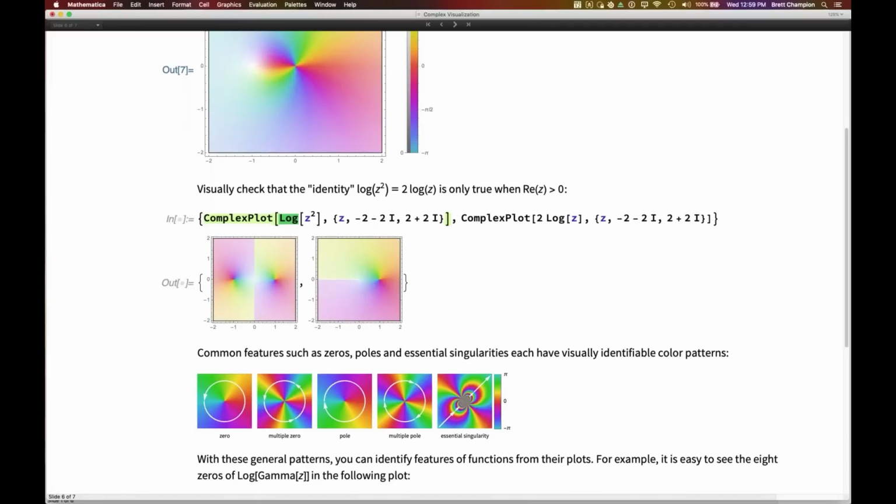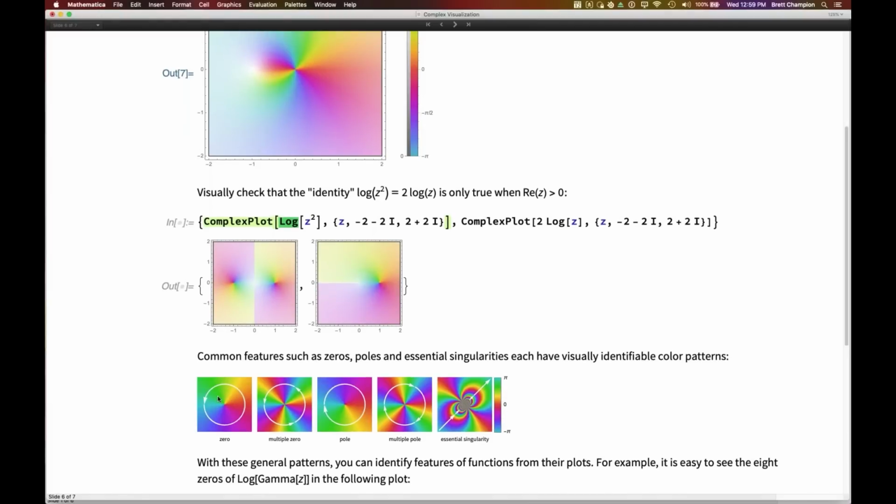As we go through that, if that is going counterclockwise around a point, then that corresponds to a 0. If it's going counterclockwise and you get multiple times around, then it's a multiple 0.